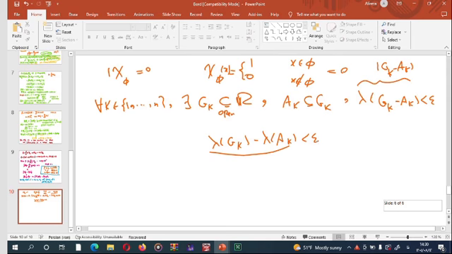So this can be arbitrarily near to this. These two real numbers can be arbitrarily near to each other.